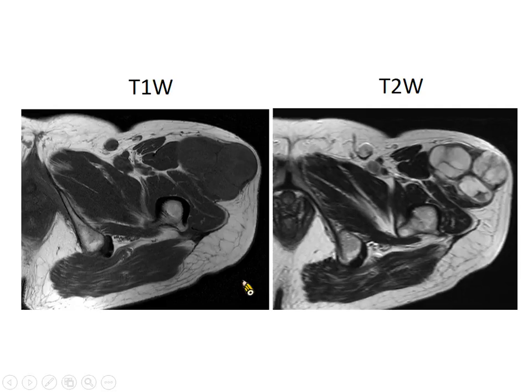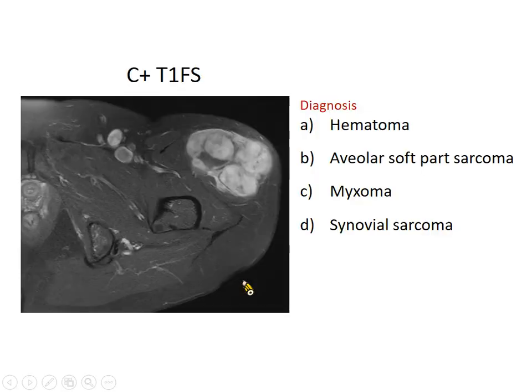And in this situation, usually we ask for a plain X-ray or CT scan to look at any calcifications. And after that, enhance, and the signal is heterogeneous. So what is the diagnosis?